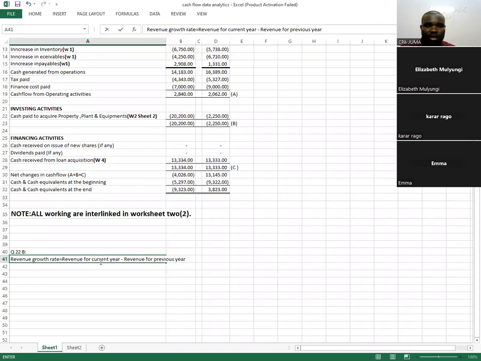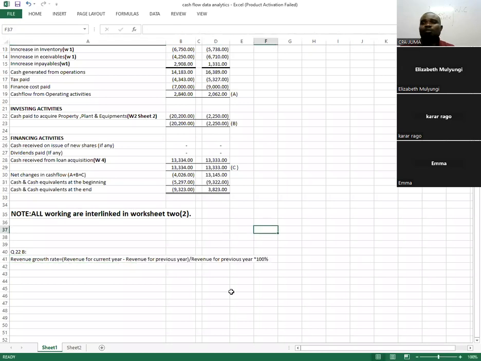Okay, now for the dividing part, I put a bracket there, then a slash for dividing. You divide by revenue for previous year times 100%.